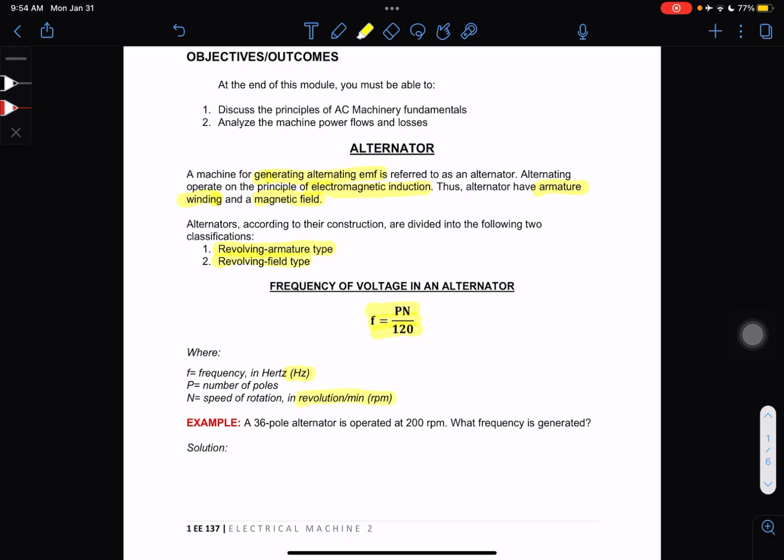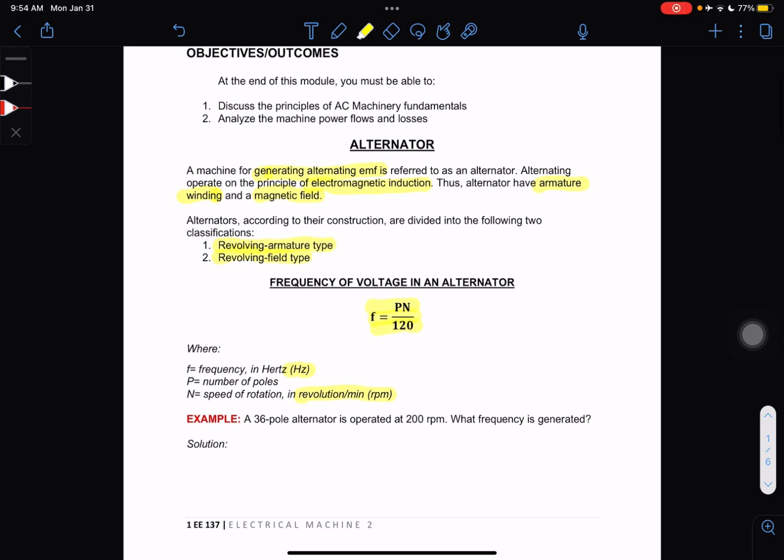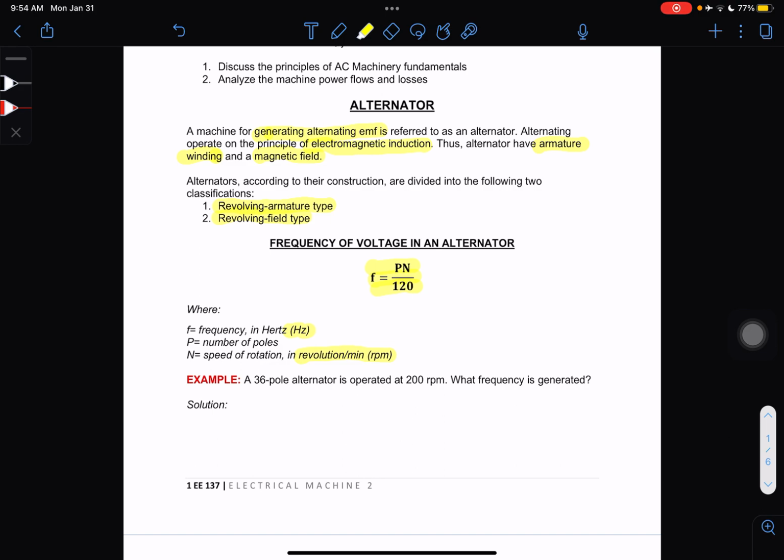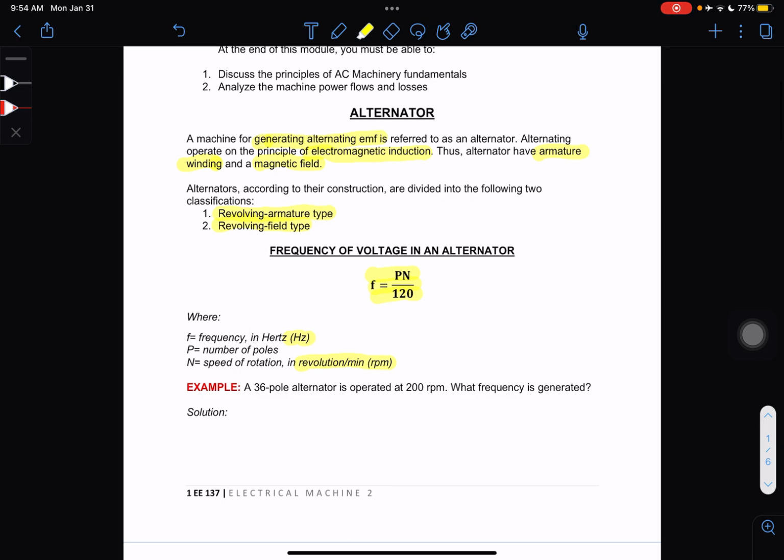So let's have an example for the frequency of voltage. A 36 pole alternator is operated at 200 RPM. What frequency is generated? First, we need to write the given in our problem.